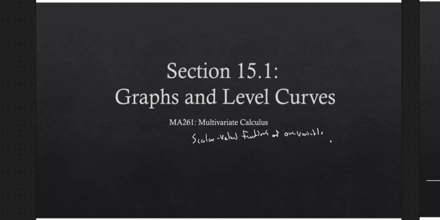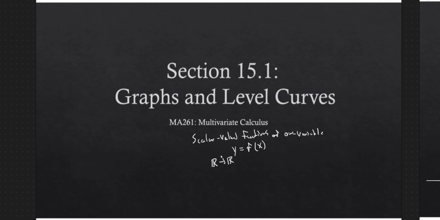In Calc 2, you did some parametric equations. These looked like y equal f of x, right? Just some function of a single variable x. The idea was you put in a real number, and you get out a real number. Right, this was from R to R.